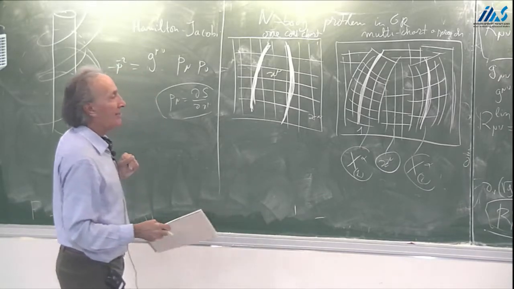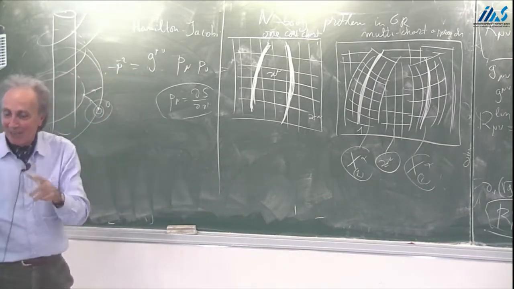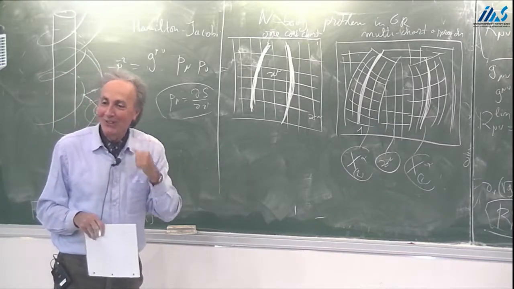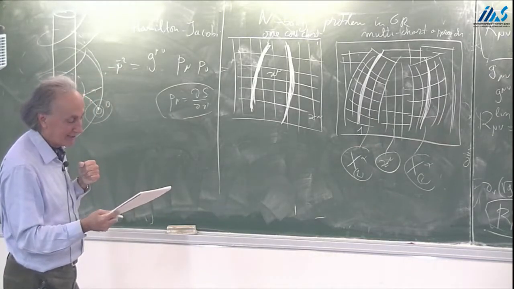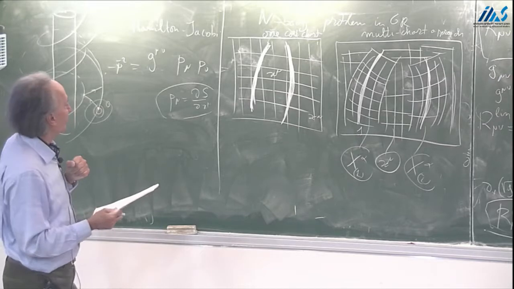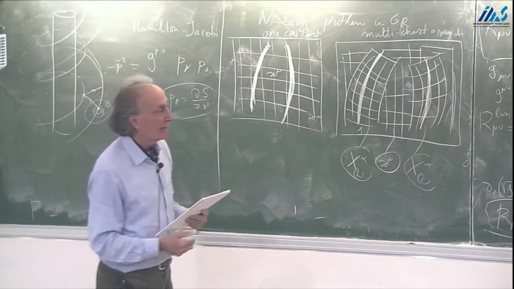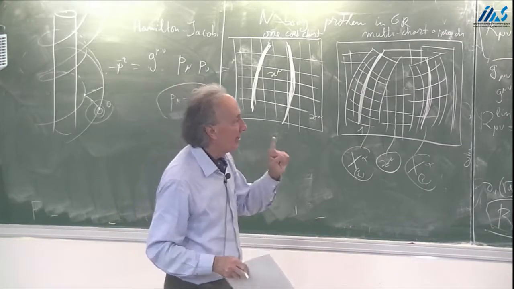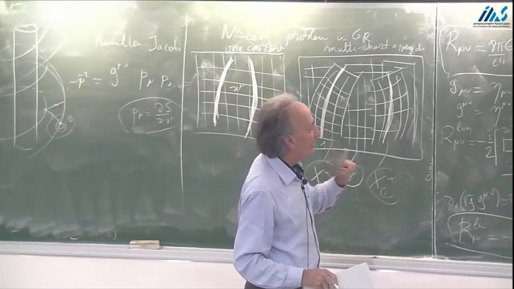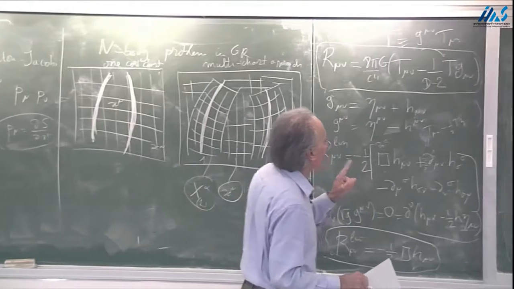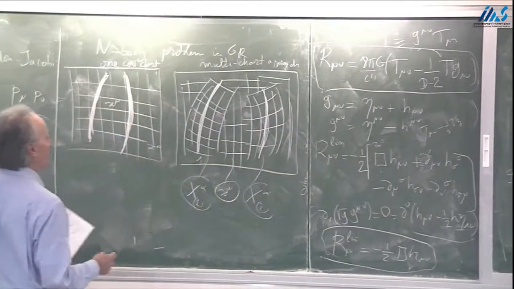This is something that you don't find yet in textbooks, but I hope in the future it will be in textbooks, because it's really simple: you should use a special exponential parametrization of the metric, which renders the Einstein equations linear at the level we are interested in, because we are interested in solving Einstein equations.